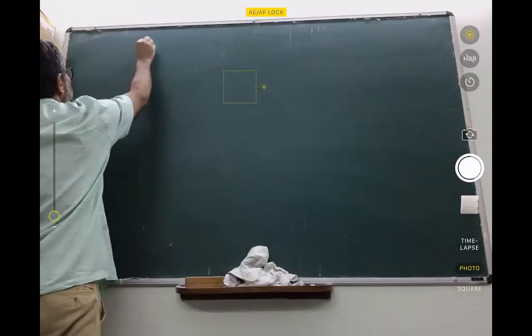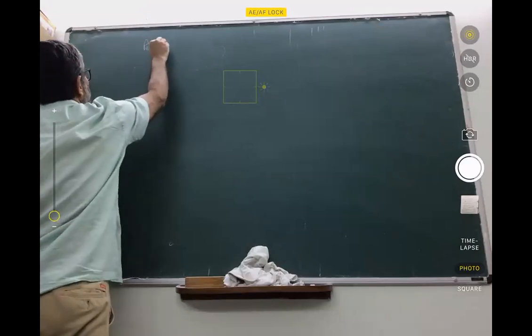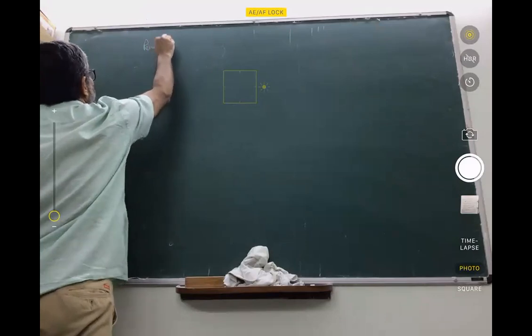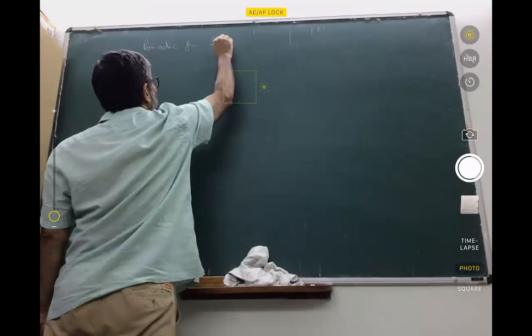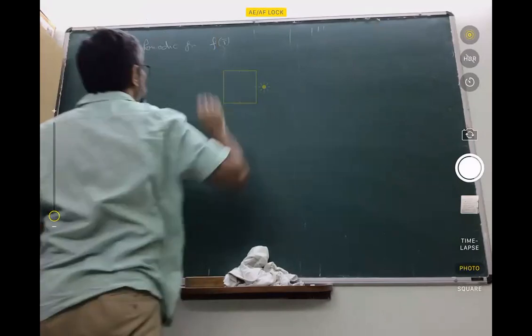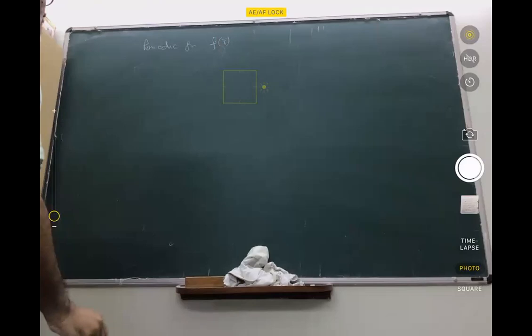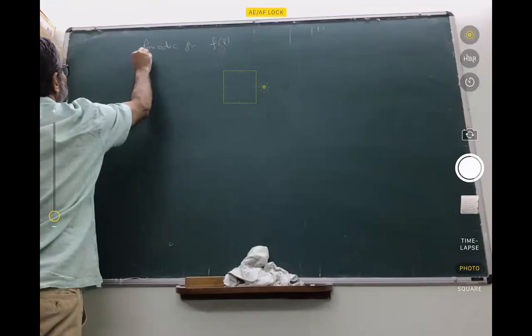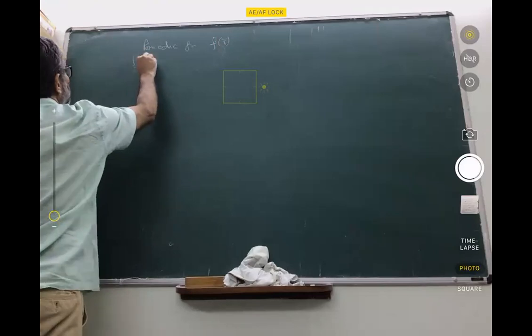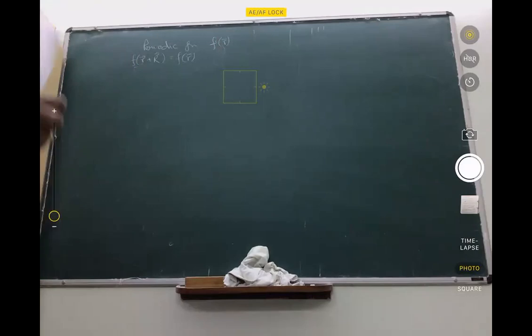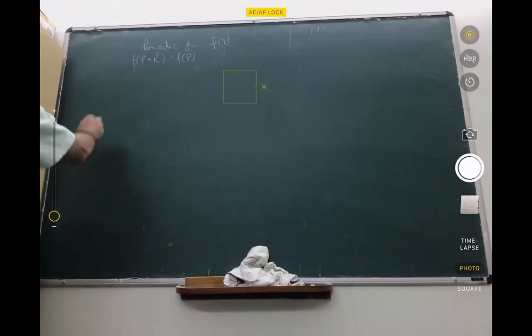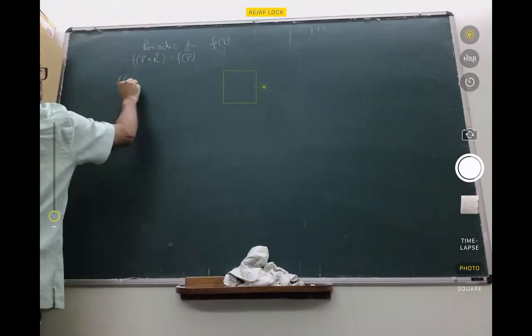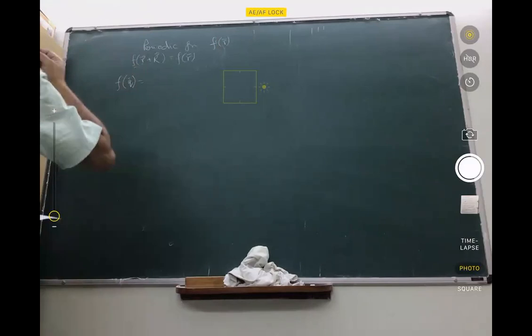So I have a periodic function of r, such that f(r plus R) equals f(r), that's a periodic function. And I want its Fourier transform, which I define as f(q) equal to the integral of f(r) e to the minus i q dot r.